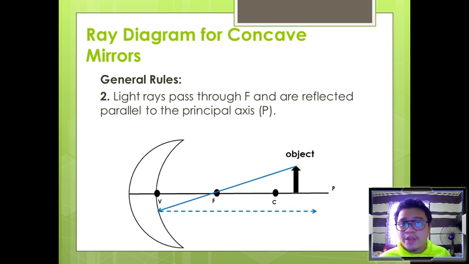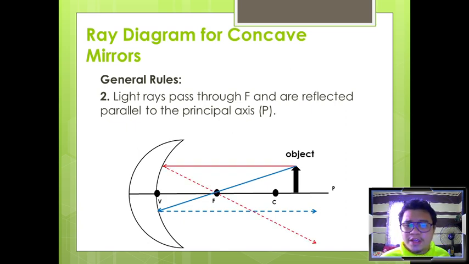So this is how we interpret rule number 2, and let's inject rule number 1 in this case so that you will know how my ray diagram formation should look after following the first 2 rules. Okay? Now, let's move on to the third rule.